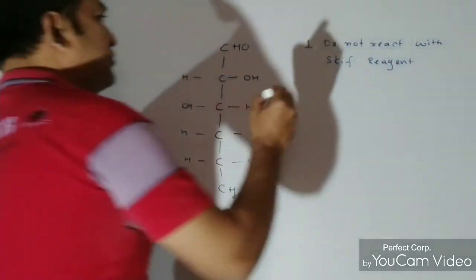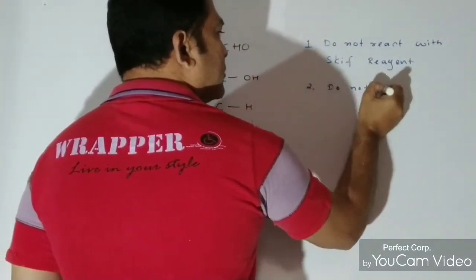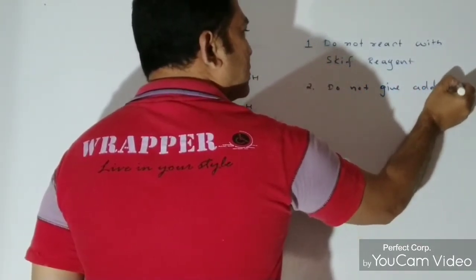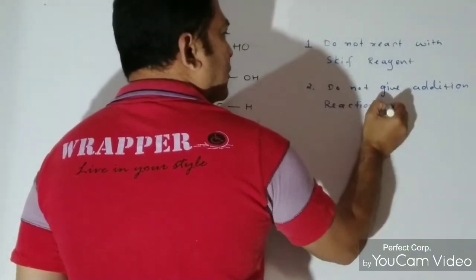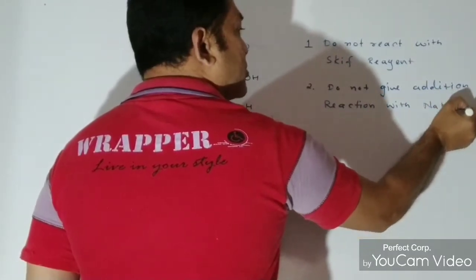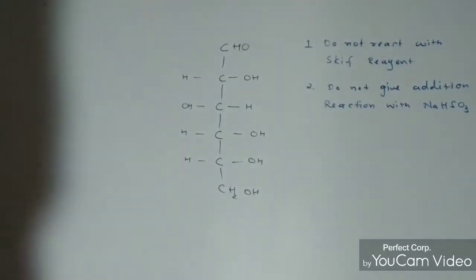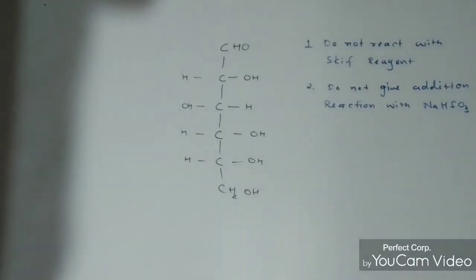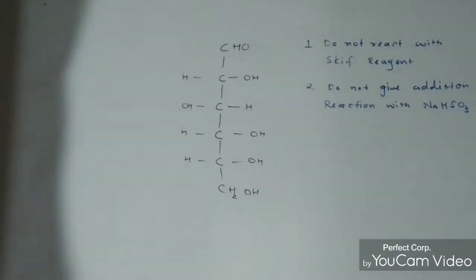Second problem, it does not give the addition reaction with NaHSO3. Generally, sodium hydrogen sulfite, when it reacts with an aldehyde, gives an addition product.